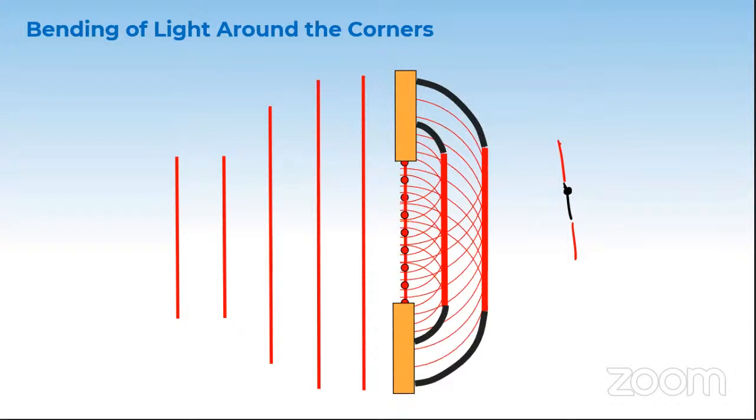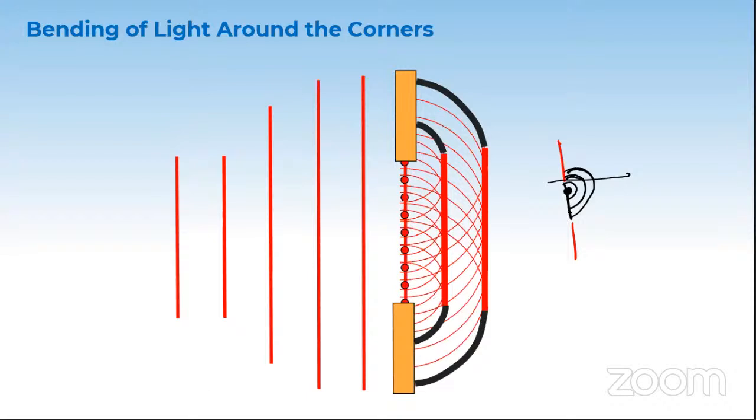From this source, a secondary wavelet is created, and this secondary wavelet gives rise to one more wavelet, and this gives rise to one more wavefront. So this is what's happening. The light which I assumed would travel only in a straight path is also passing outside that particular region I assumed initially.